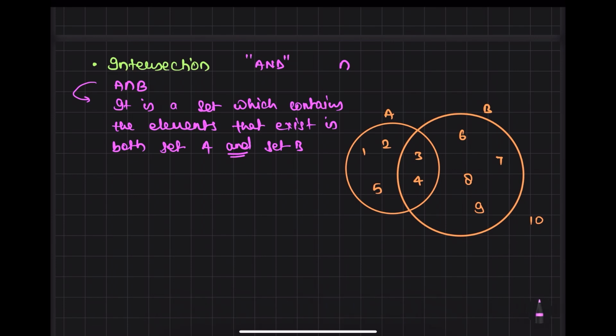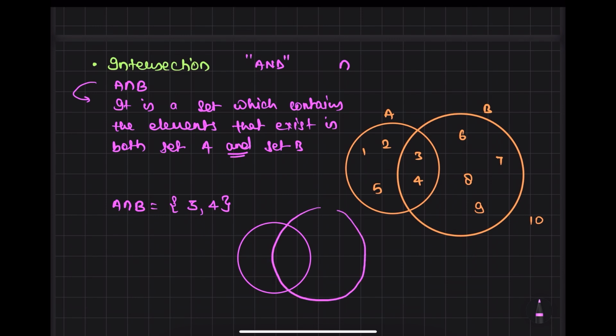Okay, so if it is "and", we are talking about the elements which are contained by both. Look at this. Suppose that we are interested in finding A intersection B. It's a set, with curly braces because the numbers are discrete, and 3 and 4 are the only elements contained by both. If we talk about the Venn diagram, then we have to focus on this area. The elements which exist in this area form A intersection B. Okay.